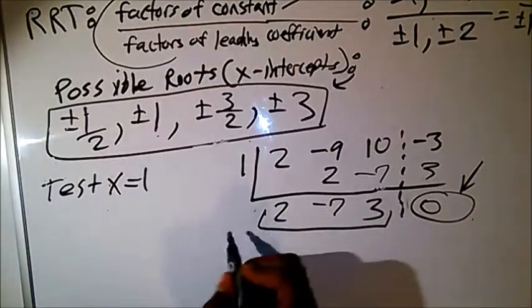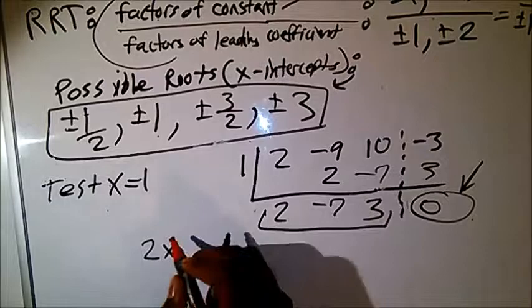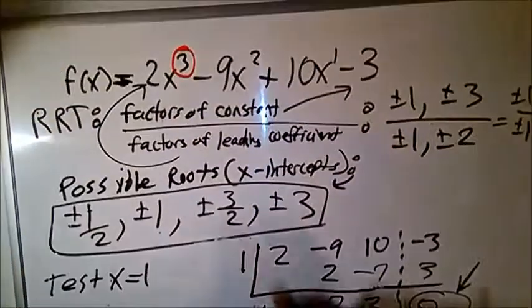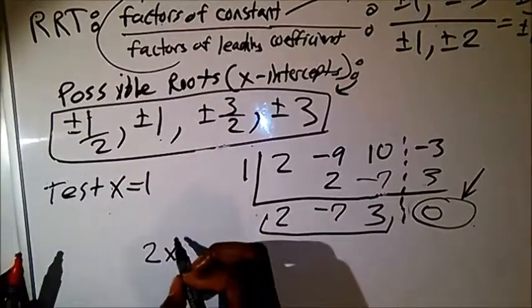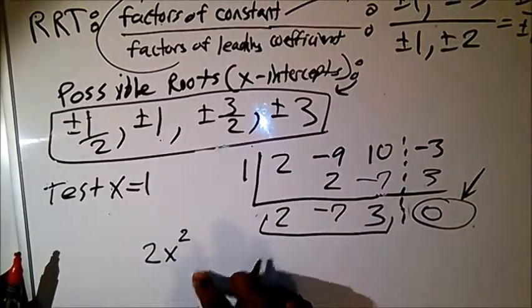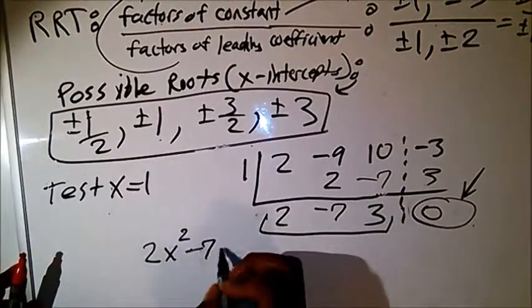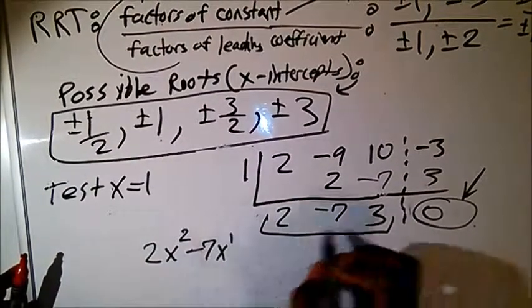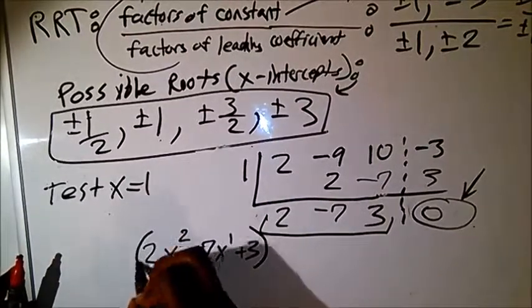The highest power is 3, so the answer will be 2x squared. We turn it into a polynomial, the highest power here will be 2, and keep going down in descending order: minus 7x plus 3. You're done. That will be a factor.